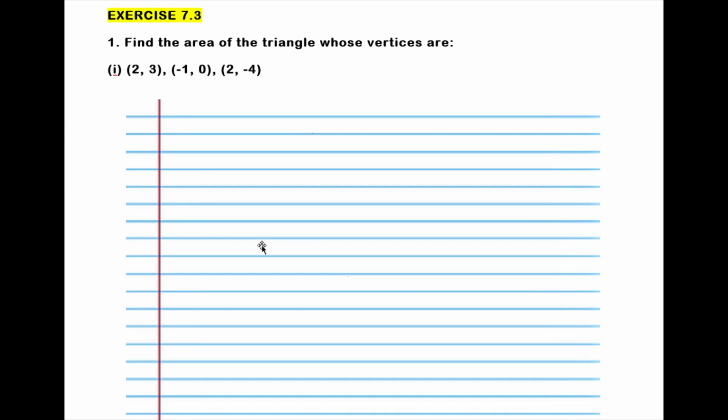Moving to the first question: find the area of the triangle whose vertices are (2, 3), (minus 1, 0) and (2, minus 4). The first step is to write down the points. Students, what are the points? The points are 2, 3, then minus 1, 0, then 2, minus 4.